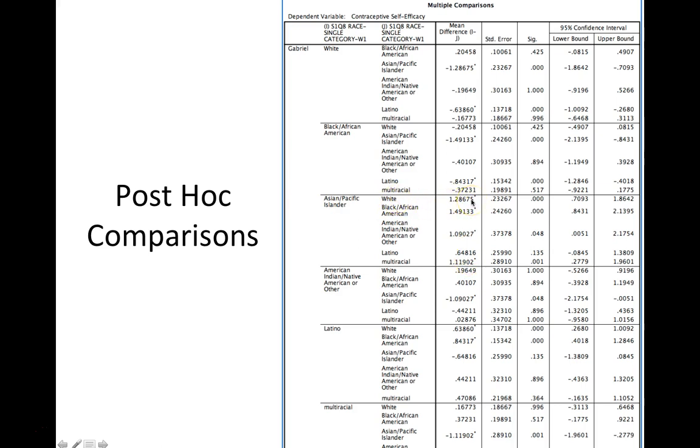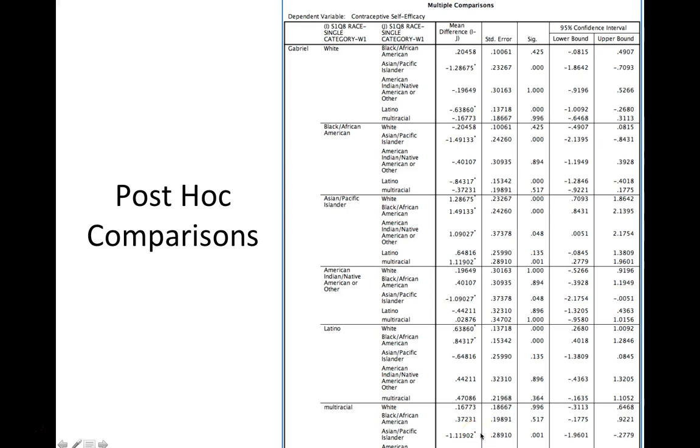They are significantly different from whites, blacks and African Americans, this other sort of amalgam group that I have here, and folks who identify as multiracial. And then this sort of catch-all group here is significantly different, obviously, from Asian Pacific Islanders. And then if we go down here to the Latino group, we see differences between Latinos and whites, which we already saw up here, blacks and African Americans, which we already saw up here again, and then again multiracial down here with Asian Pacific Islanders, which again we already saw.